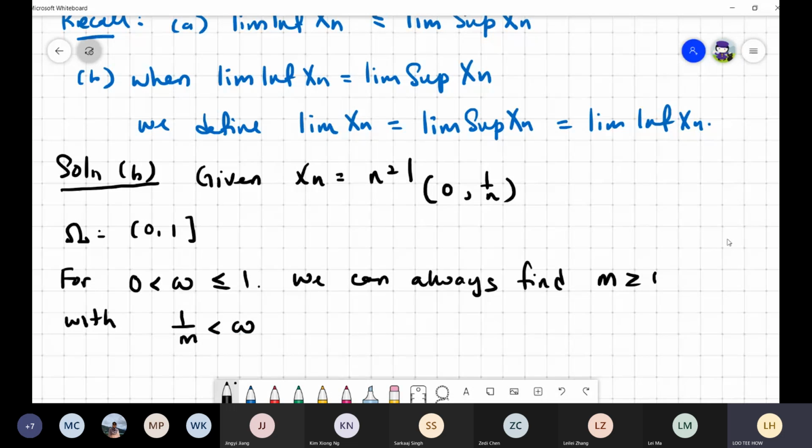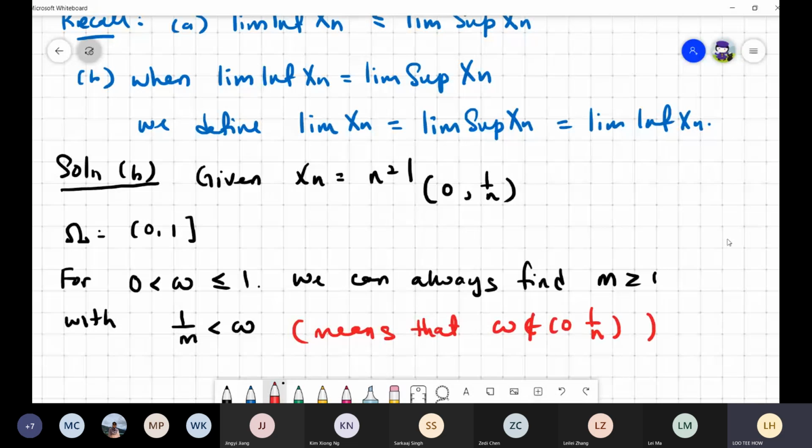When omega is greater than 1 over m, it does not belong to this interval. So then Xn of omega will be equal to 0.